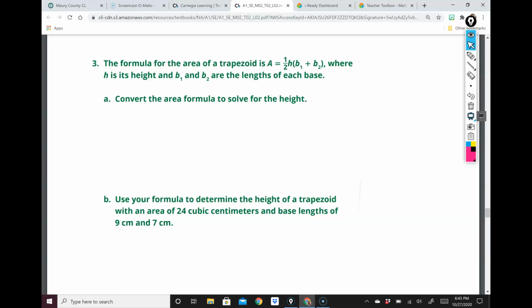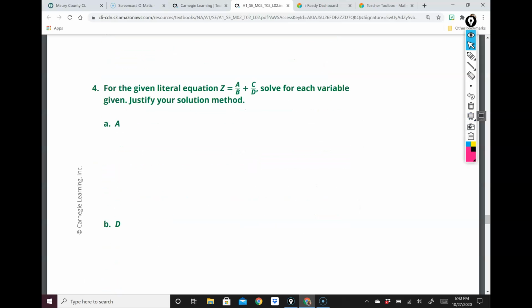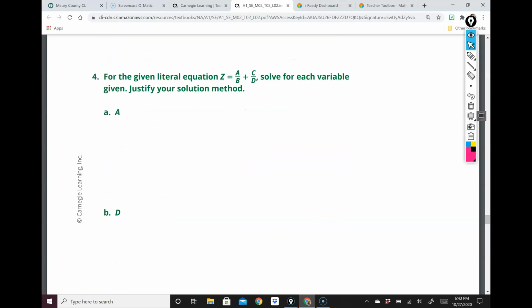Number 4, for the given literal equation z equals a divided by b plus c over d, solve for each variable given, justify your solution. So for 4, we want to solve for a.